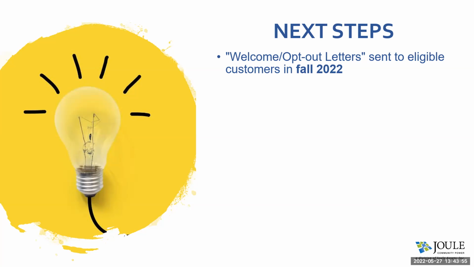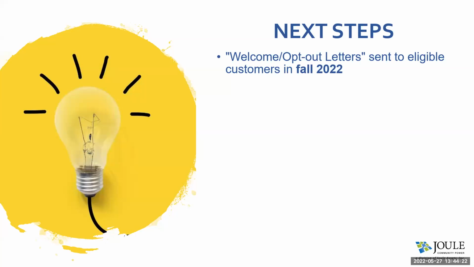These letters would come from Monroe Community Power and the town, either the town of Rush or the town of Henrietta, depending on where you live, and we'll give you program information such as the electricity supply rate, the percent renewable, any options you have with your enrollment, ways to opt out, as well as more details about the program, such as an overview like we did today, and commonly some frequently asked questions as well.